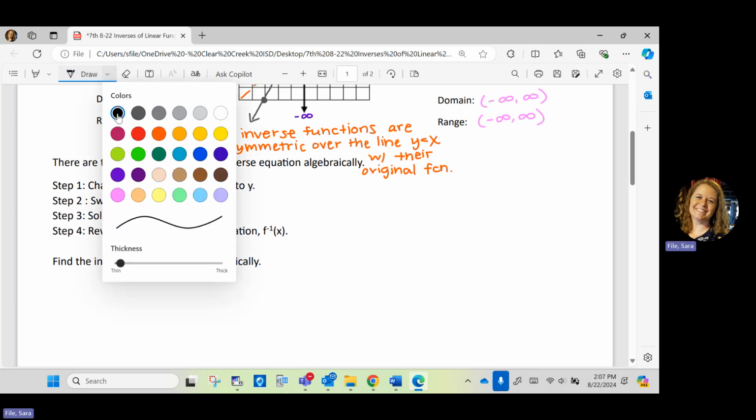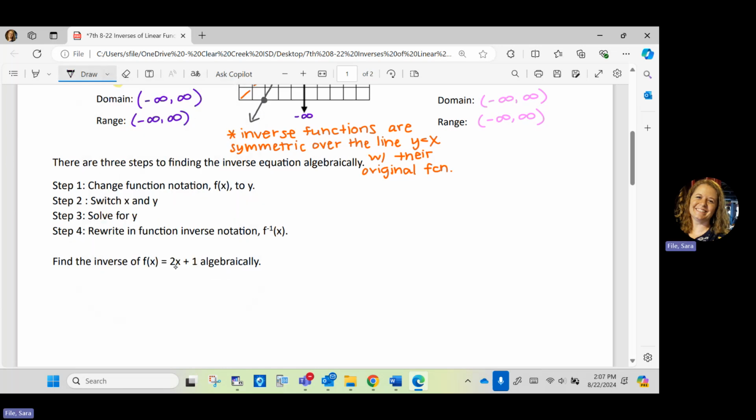So with that same equation, f of x equals 2x plus 1, we are going to algebraically find the equation of that inverse that we just graphed. Step 1 says change function notation f of x to y. So I'm going to replace the f of x with a y.